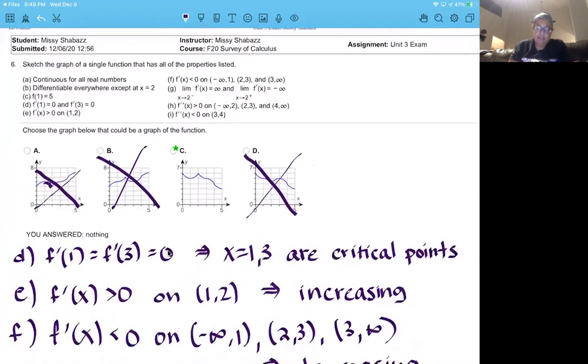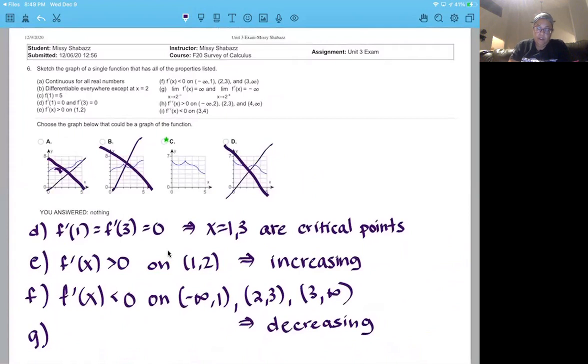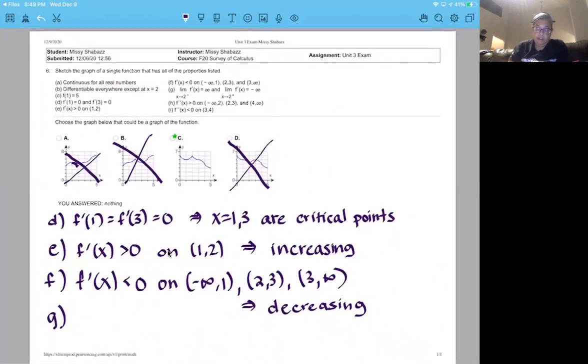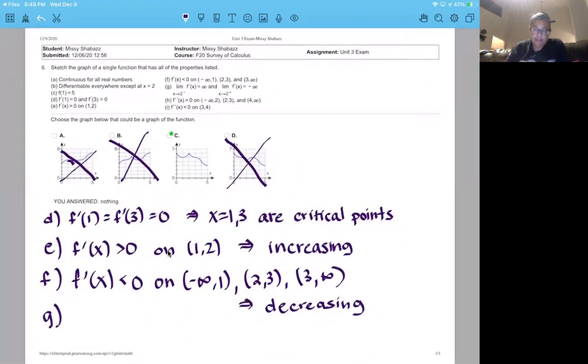What that says is the derivative is undefined at 2. So f prime of 2 is undefined. But they already told us in part B that it's not differentiable there. So in other words, we have a cusp, but we already talked about that.